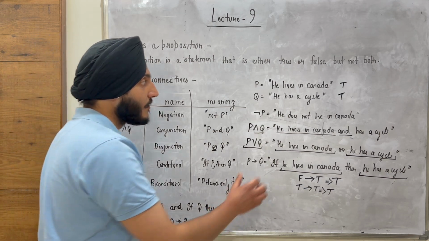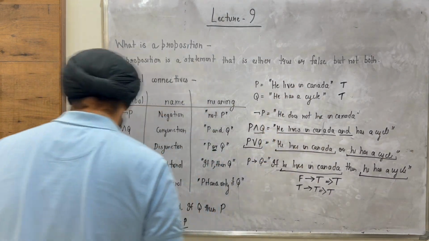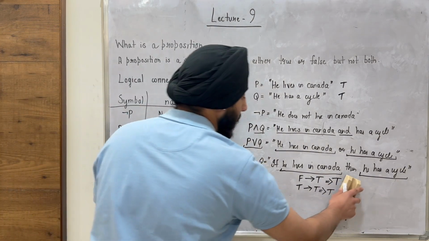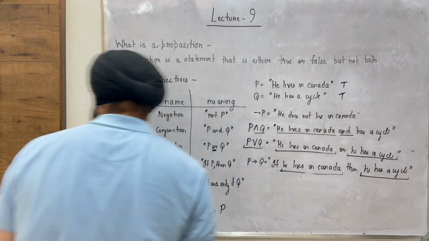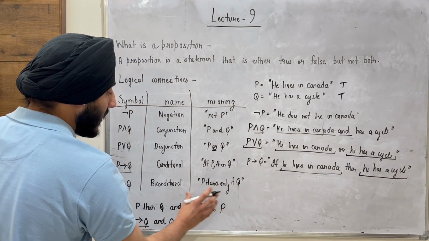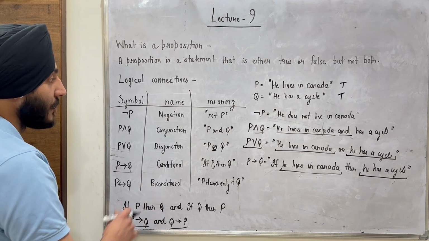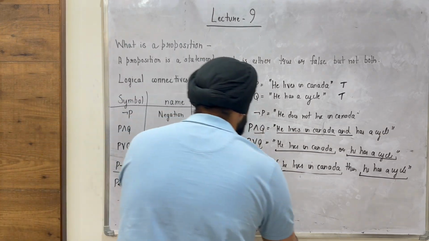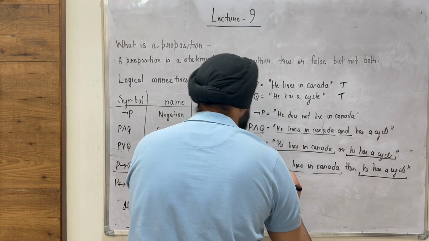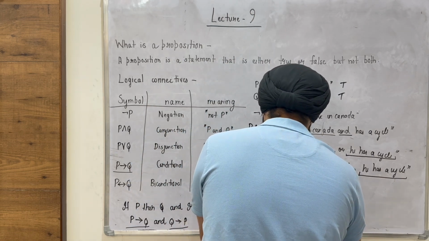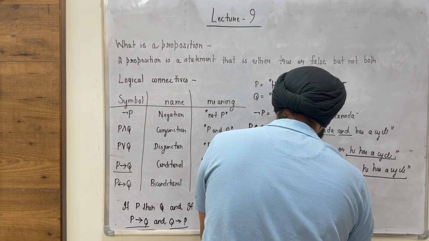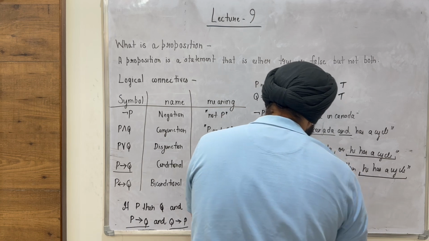So let's try to understand with this sentence over here. Let's first try to understand how we write it down in a sentence, right? Whenever you see the if and only if statement, you need to understand that it is a biconditional logic, right? So if I'm given the double arrows, that basically means he lives in Canada.